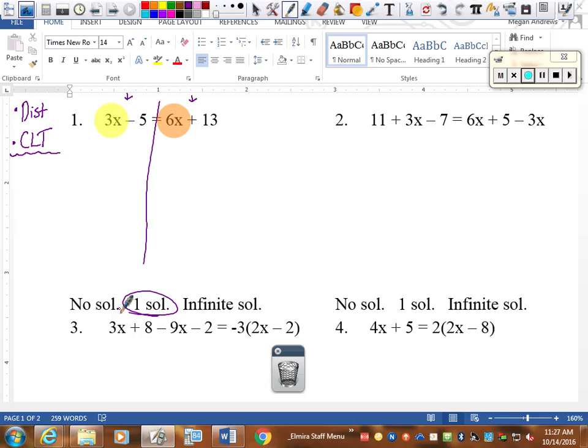So if there is one solution, I'm going to carry this on to the next step of variables on both sides. So subtracting the smaller, canceling the smaller one off, subtracting 3x. Negative 5 equals 3x plus 13. Okay, then basic two-step.